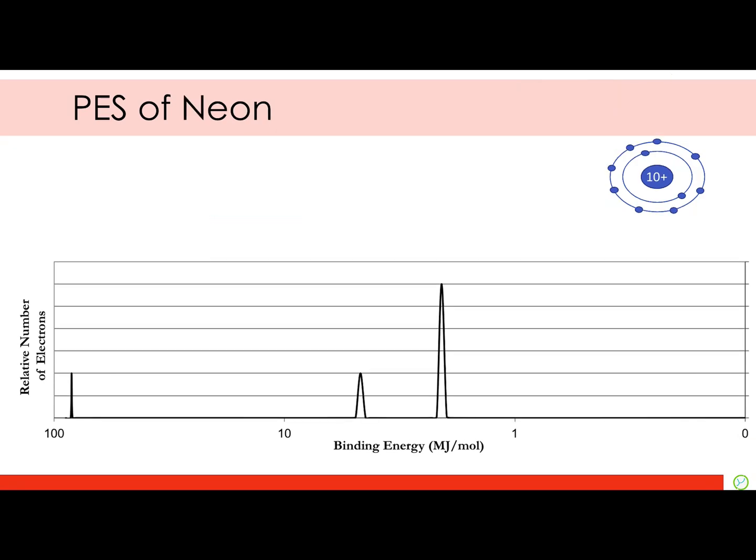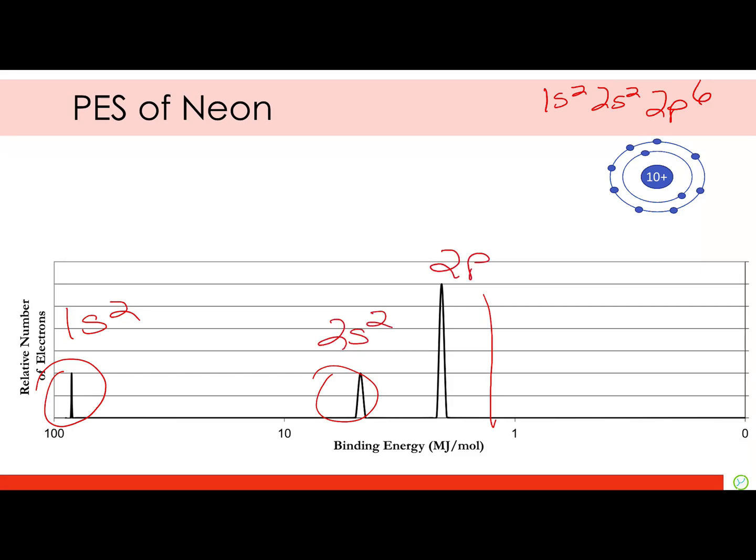And then neon would be 1s2, 2s2, 2p6. So notice the difference in the relative heights of our peaks. So here's my 1s2, my 2s2, and my 2p6.